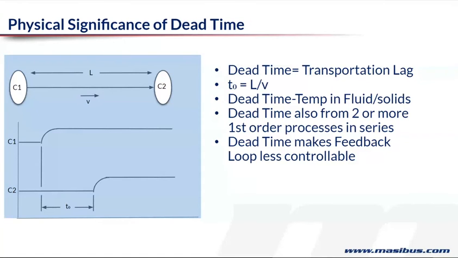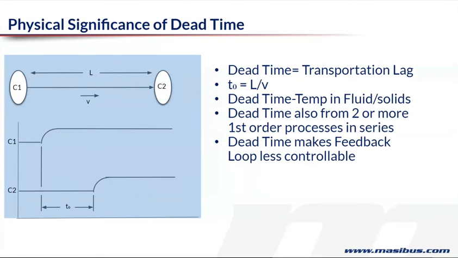But what is the significance of the dead time? You cannot avoid a dead time in a process. A lot of processes have zero dead time, and some processes have a long dead time. A simple example of a dead time is a temperature sensor in a process, in a reactor, let's say, where you are using a thermowell.